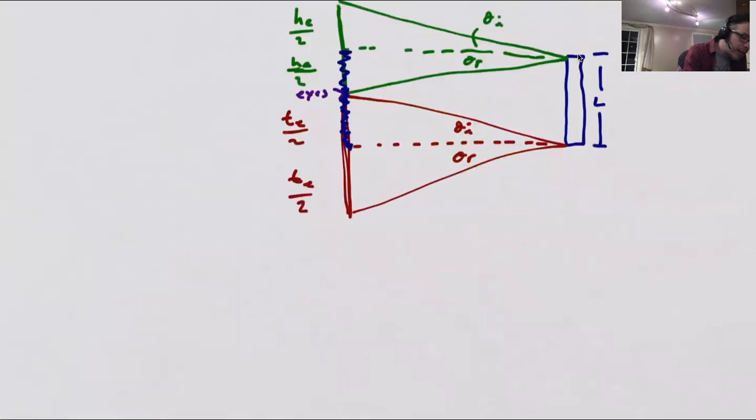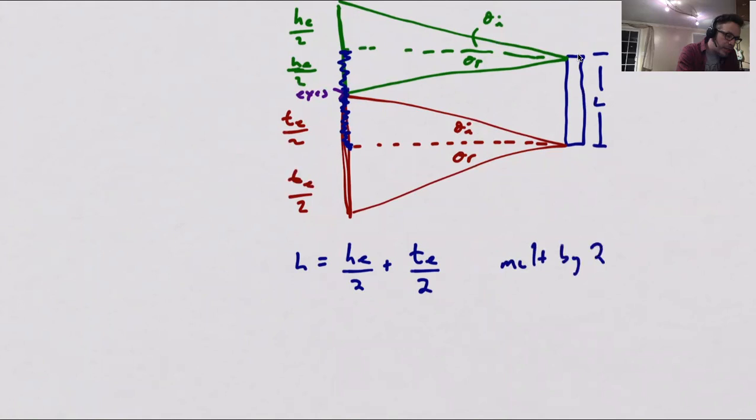Namely, L is equal to HE by 2 plus TE by 2. Well, wouldn't that be nice if we just had HE plus TE, because then we'd be able to relate this to the height H. Okay, well, let's do that. Let's multiply everything by 2.